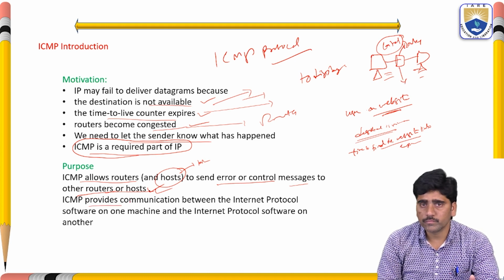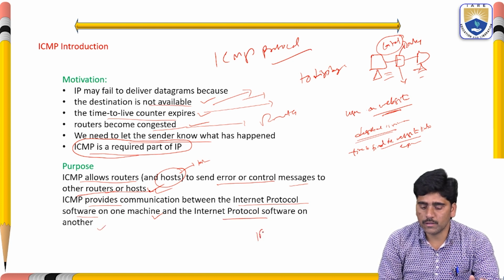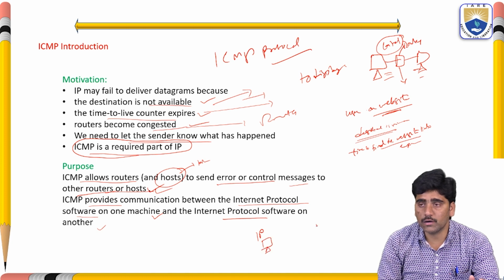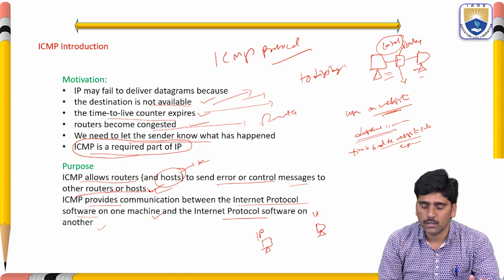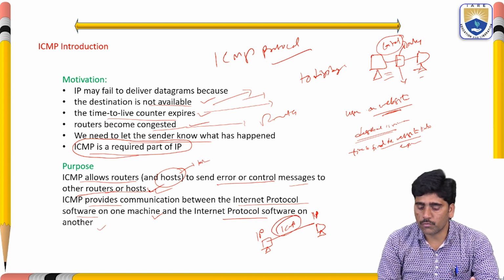It also provides communication between the Internet Protocol software on one machine and the Internet Protocol software on another. It provides a status of whether those two systems are connected or not, and whether they are communicating or not.